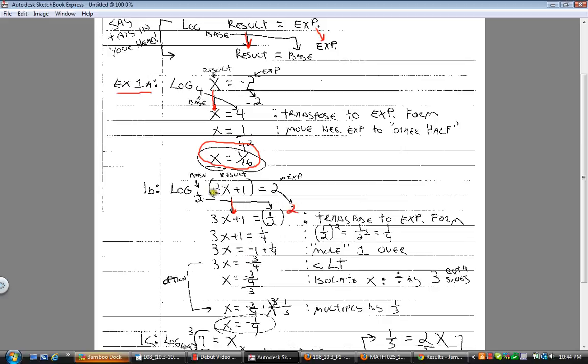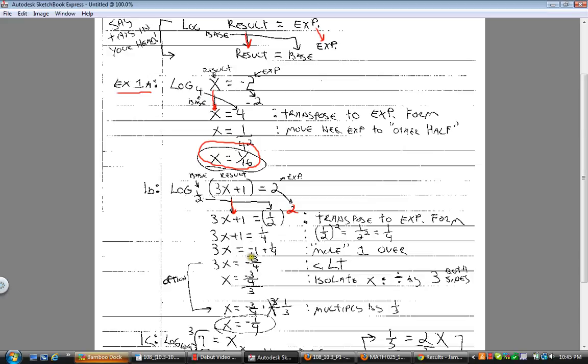Now that you've converted from log to exponential form, you can deal with what you have. I see 3x plus 1, and 1/2 squared turns out to be 1/4. Next, can I isolate the 3x term? Subtract 1 on both sides, and I get -1 plus 1/4. You could do that one in your head.